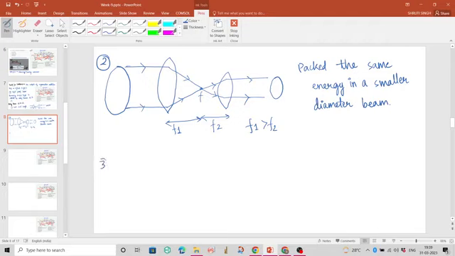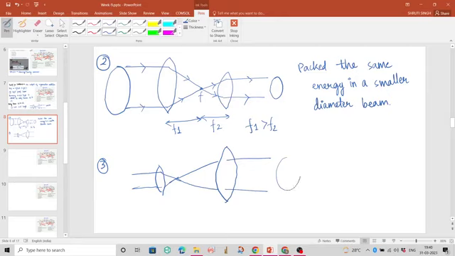And the third case which can happen, the reverse one, if this one is of smaller focal length and this lens is of larger focal length, then the beam will be expanded.